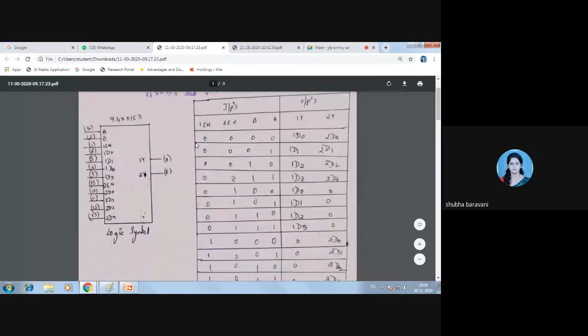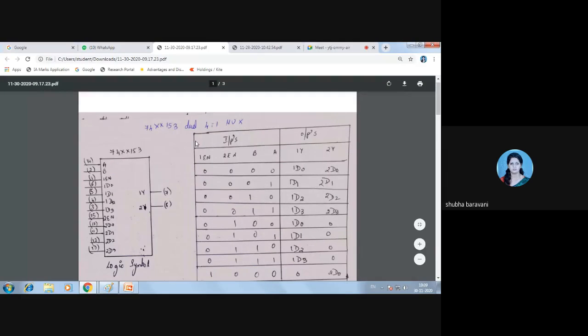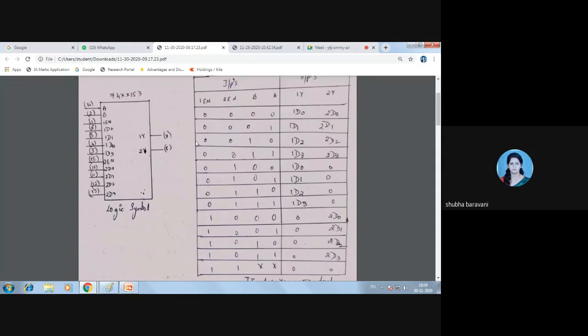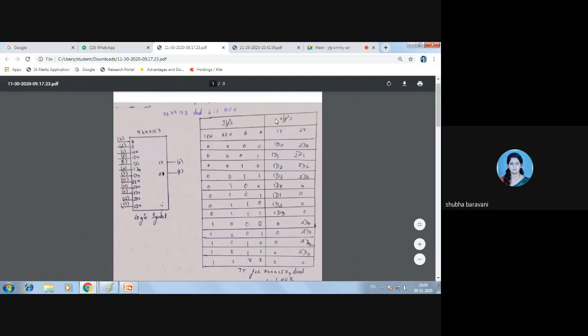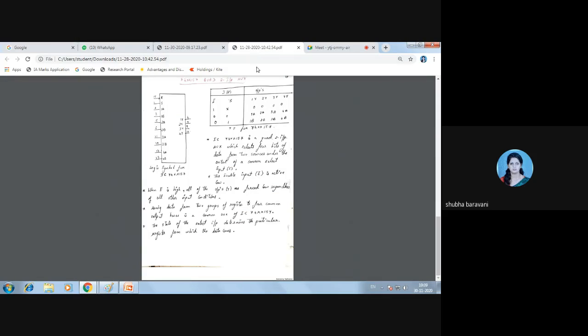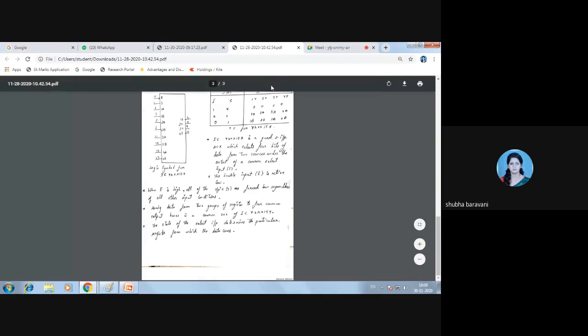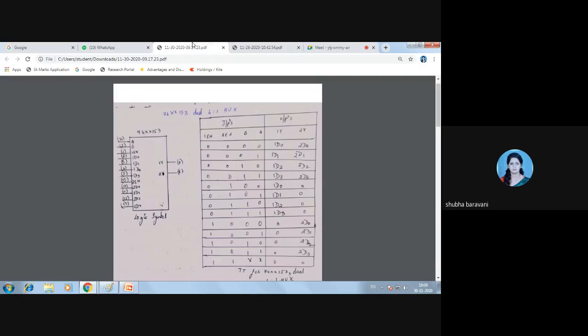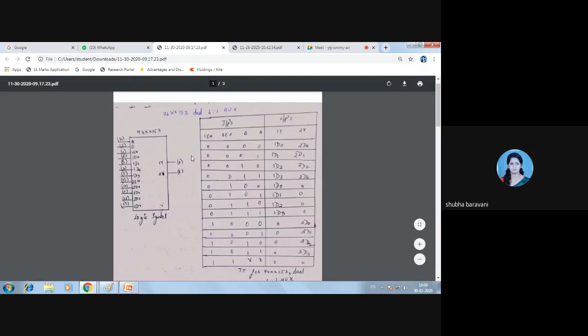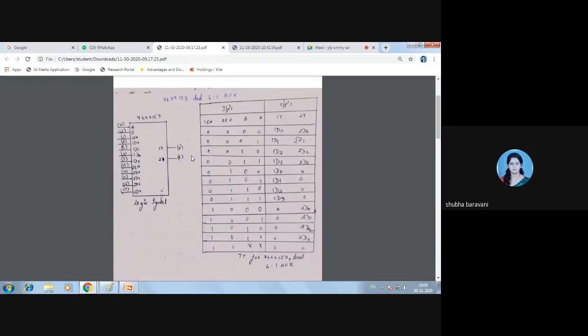The relevant truth table is given here, so you just go through this. The explanation of this is similar to this. The only thing is this is 2 input and this is 4 input.